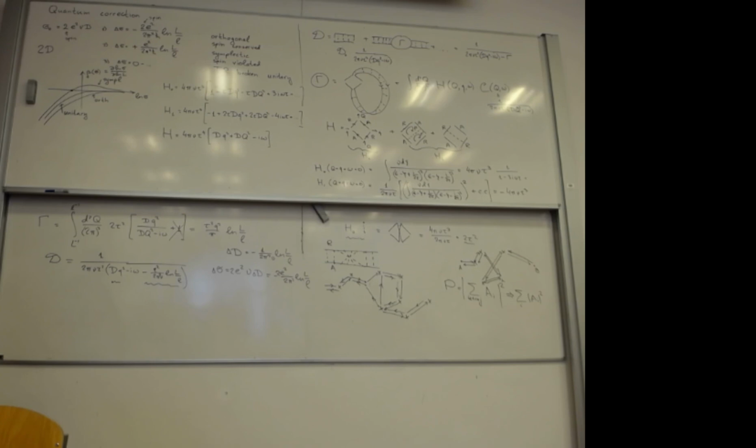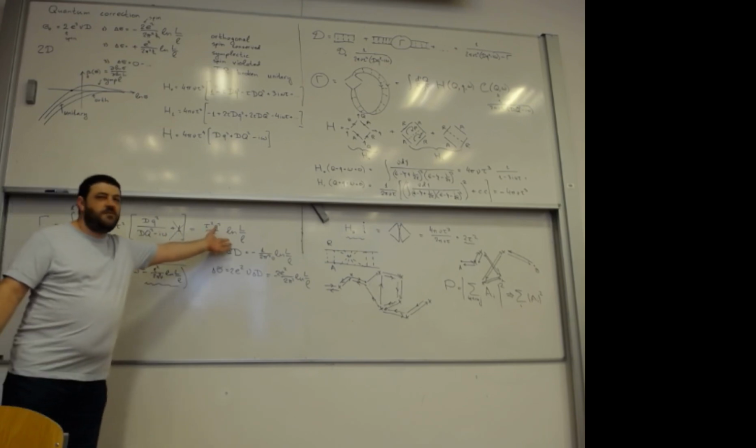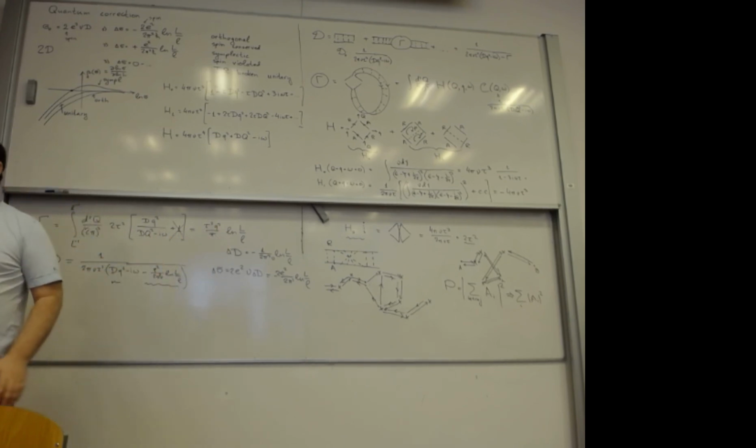There are other effects which are maybe more subtle, which are not so easy to observe, but this negative magnetic resistance in dirty metals is always there. It's a direct manifestation of this quantum correction. So when you go to low temperatures and relatively large systems, this logarithm grows and this correction always becomes important.